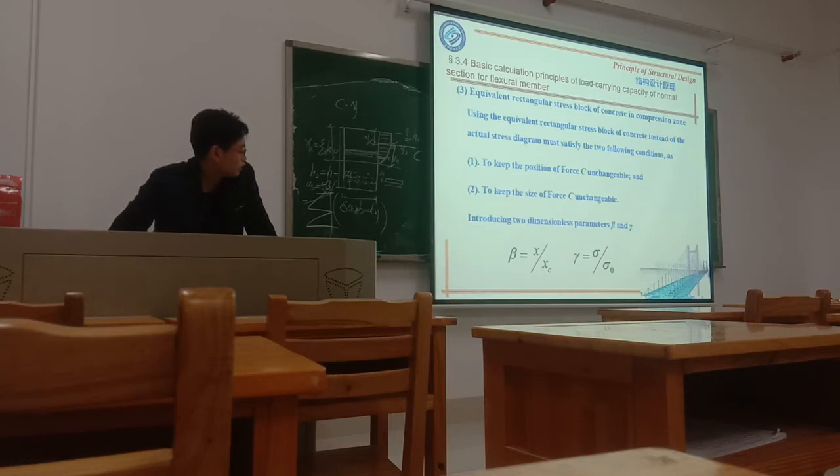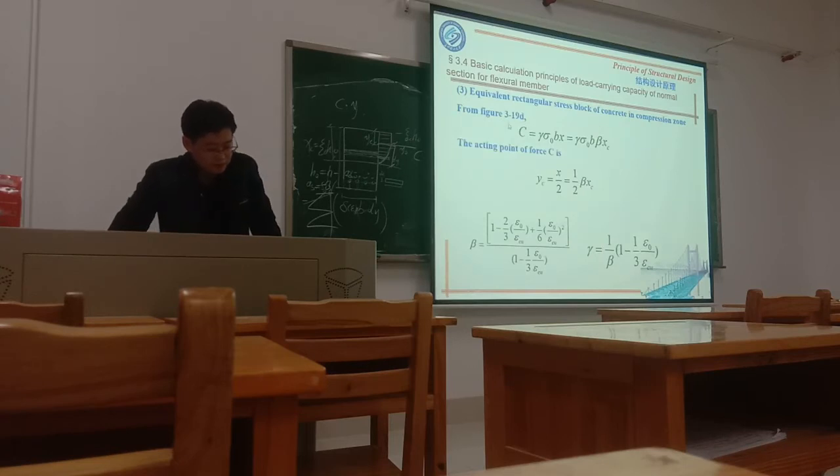Then, how to do these things? Here, we introduce two dimensionless parameters, beta and gamma. Beta equals x divided by xc, gamma equals sigma divided by sigma 0. So we introduce two new symbols.